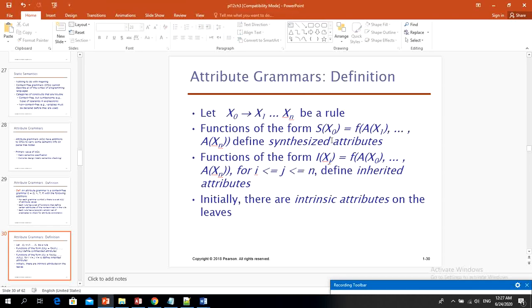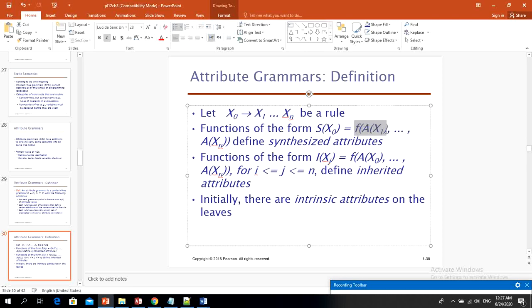Or, for example, they use functions of this format, s(X0) equals f(A(X1)). That means this is an argument of this function, and the whole thing between the two parentheses is actually an argument for the outer function, and so forth.